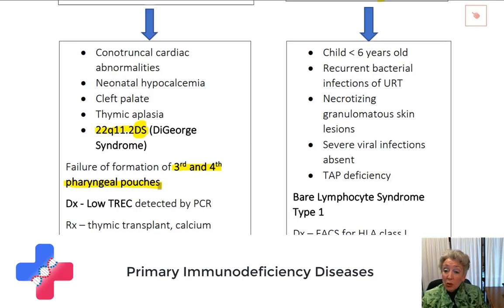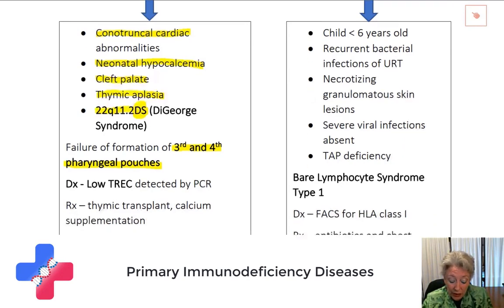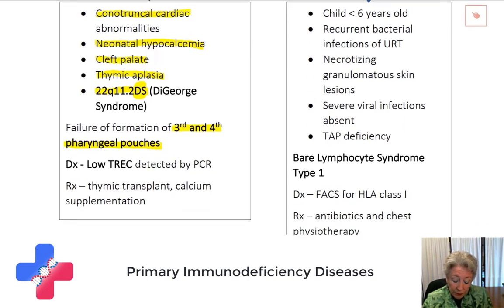So if you think about what is found in those regions embryologically, it shouldn't surprise you that we associate this with things like truncus arteriosus, with failure of formation of the parathyroids, and with failure of formation of the thymus, as well as some facial abnormalities. All of those come out of those same embryological origins.